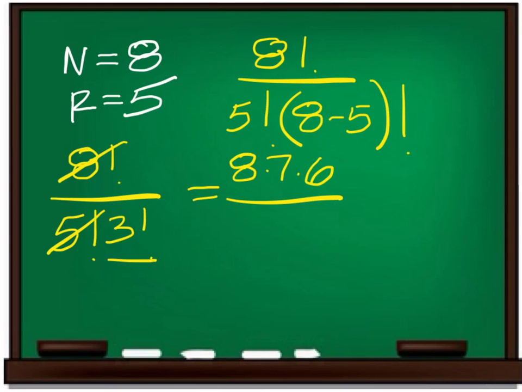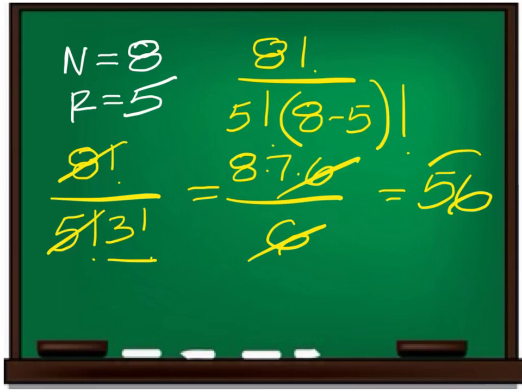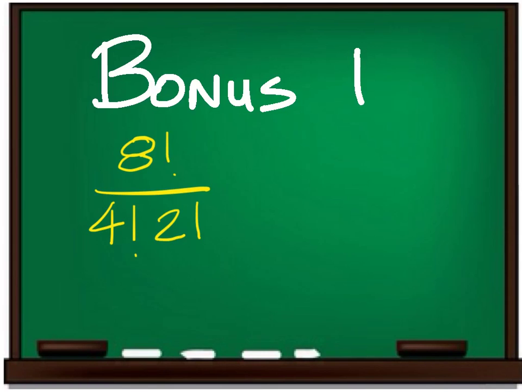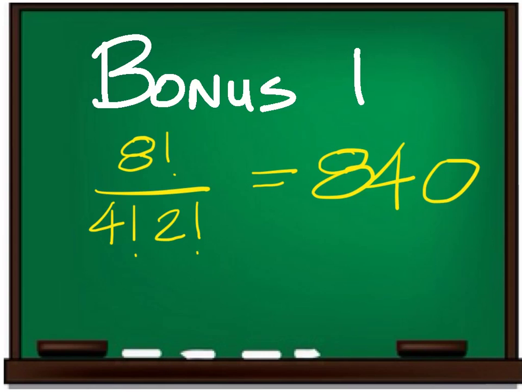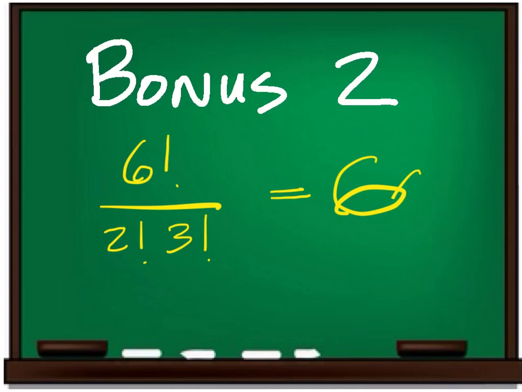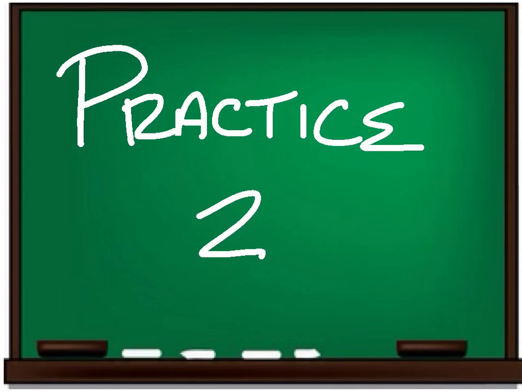Then 3 factorial is 6, so if you knock those out, you should have 56. Bonus answer was 840. Answer is 60 on the bonus.